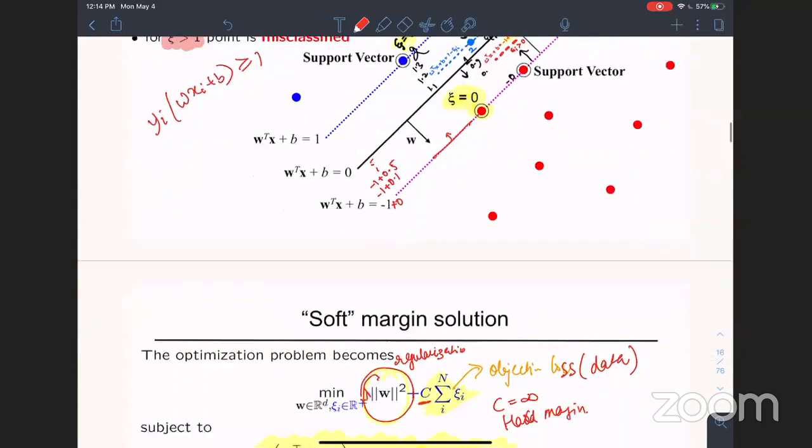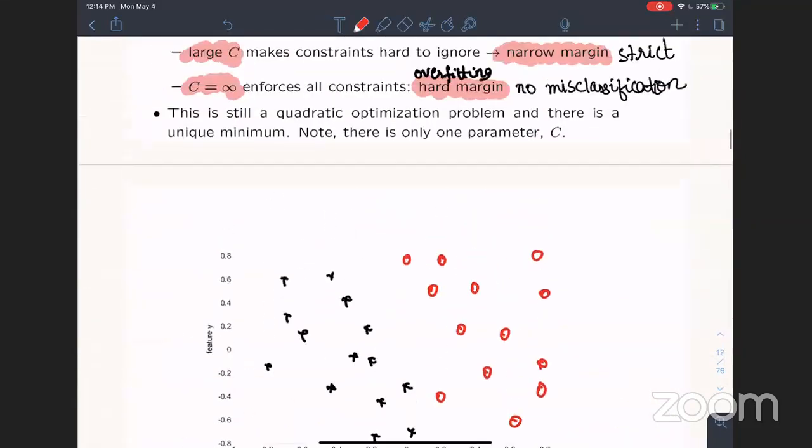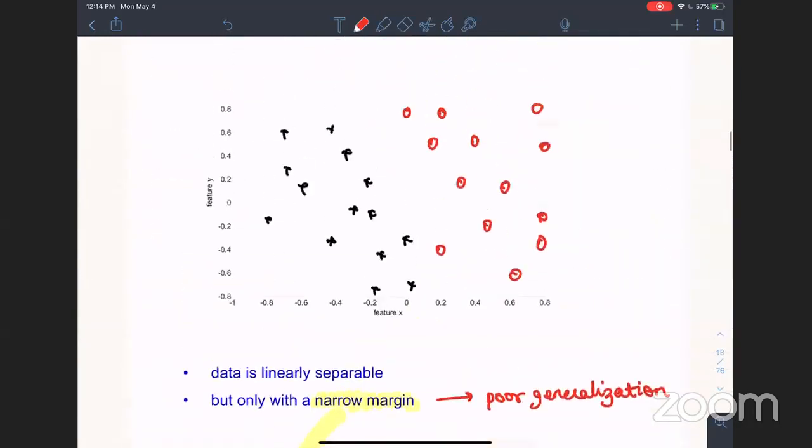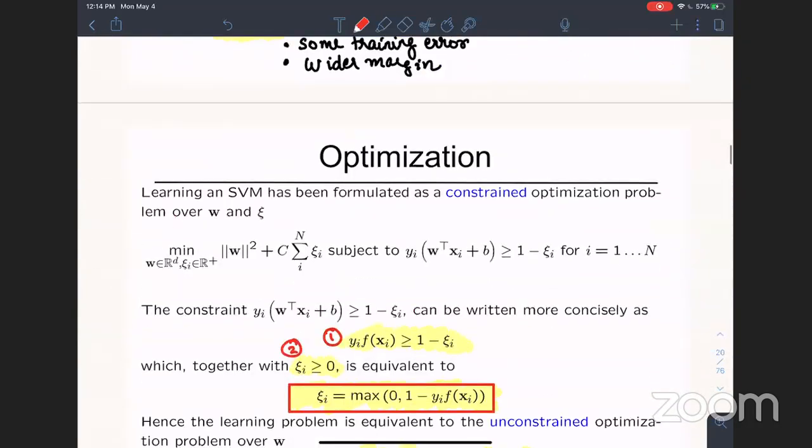So what you have here is yi and this product. Earlier, this product had to be beyond 1. But now you are trying to shrink it and say, it's beyond 1 minus eta I. I'm still good.